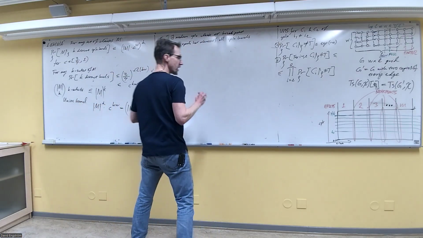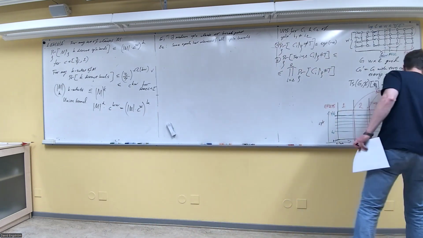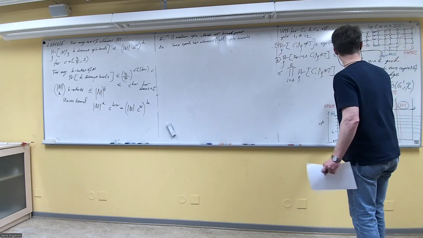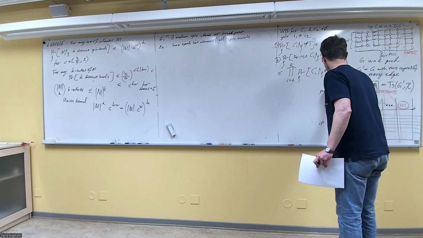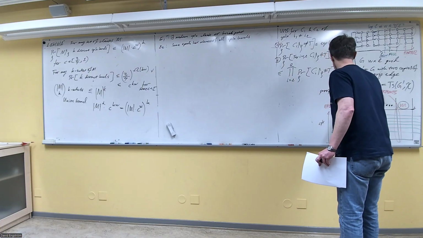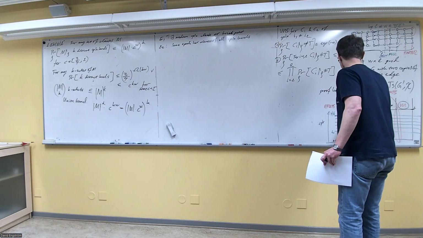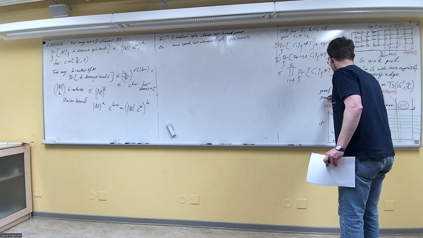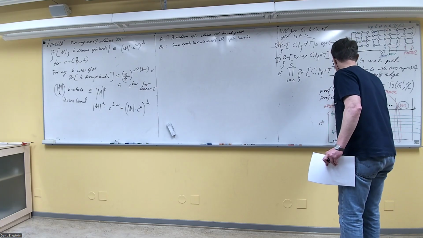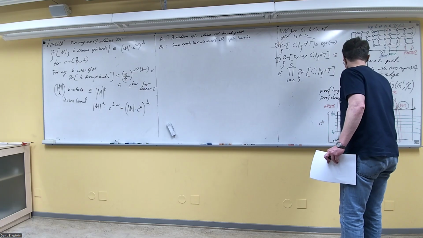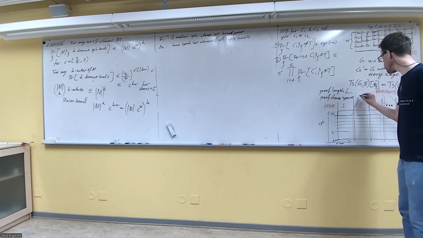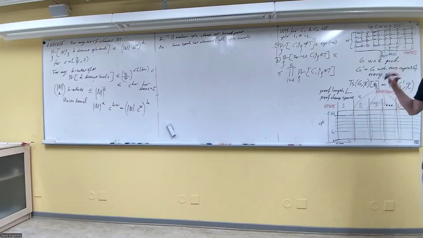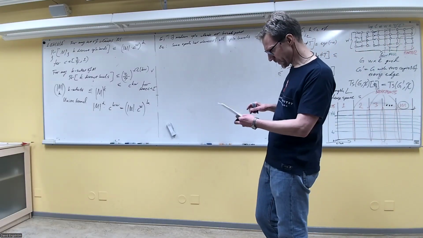So again, the number of epochs is M. The proof length is capital L. The proof space, clause space, just to avoid confusing ourselves, let's say that's lowercase s, because uppercase S is usually size for me.